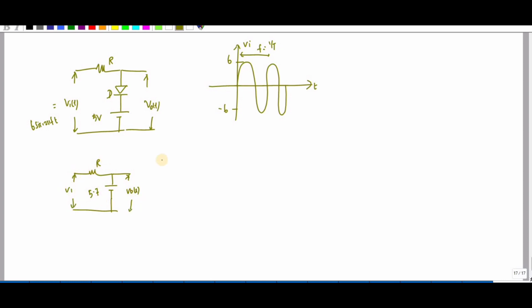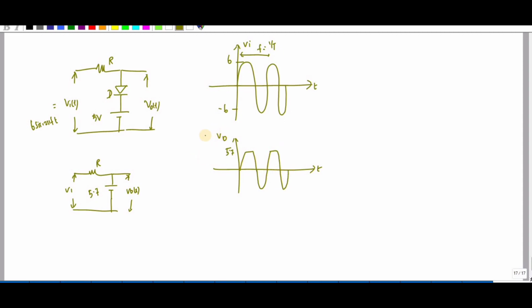So during the positive cycle, it goes maximum up to 5.7, right? And during the negative off cycle, it is open circuited, so whatever the input will reach the output.